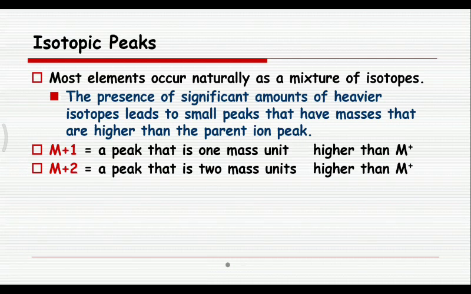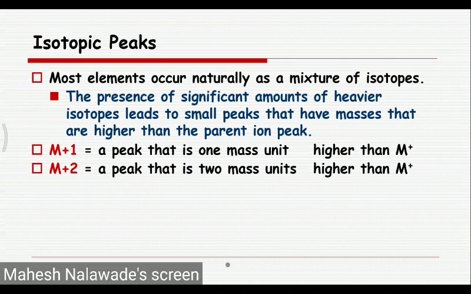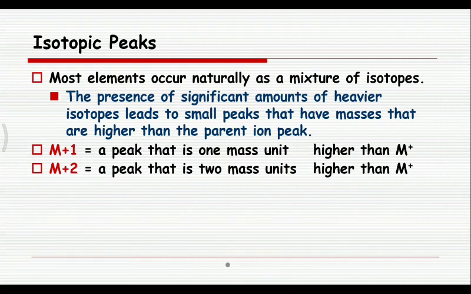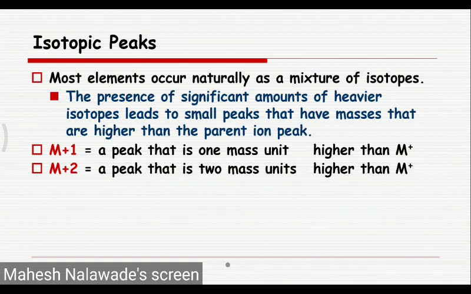And when we have those isotopes in a significant amount, then that gives us a smaller peak, which is corresponding to the value m+1 or m+2. M+ is the parent ion or molecular ion peak in the spectra.